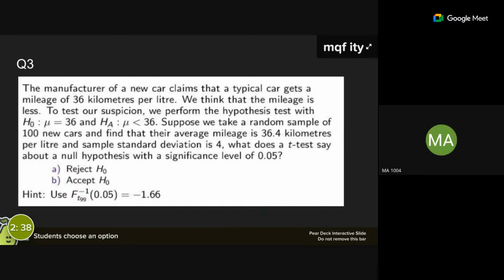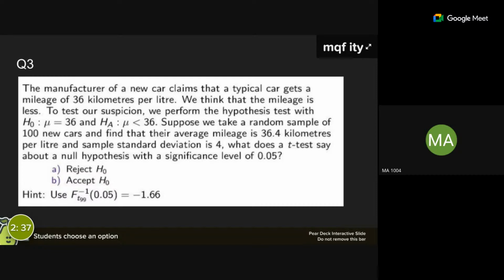So the null and alternative hypotheses are given to us, and the test statistic we also discussed: it will be something about the sample mean, and that is also given to us, 36.4. So we will reject our null if it is less than some value c. The task is to calculate the value of c.